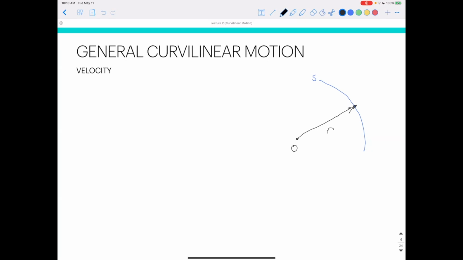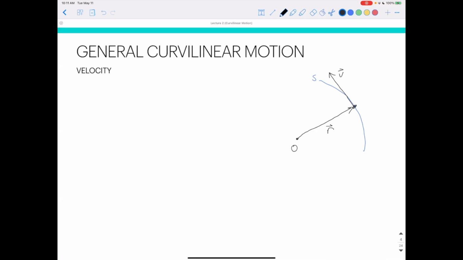We said that our velocity at any instant in time is going to be tangent to the path of the particle at that instant. Our velocity vector, in this case, if our particle is moving to the left, would be tangent, and that would just be a lowercase v.